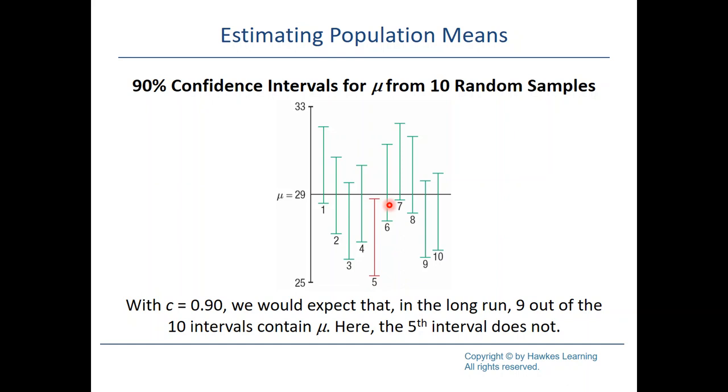It got really close, but the mean is not actually contained within that interval itself. So basically in the long run, if I'm 90% confident, 9 out of 10 of our samples will actually contain the actual population mean within that plus or minus interval that we have.